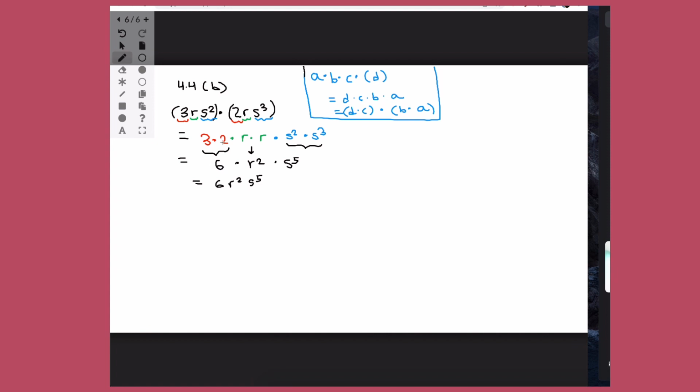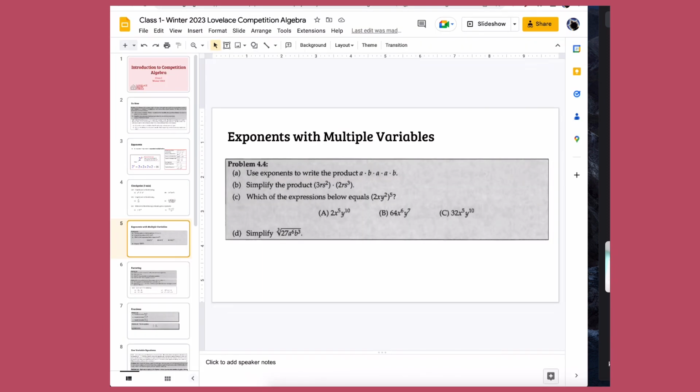So does anyone have any questions about this problem? Okay. So if not, we can move on to 4.4c. So this says which of the following expressions equals 2xy squared all to the power 5.